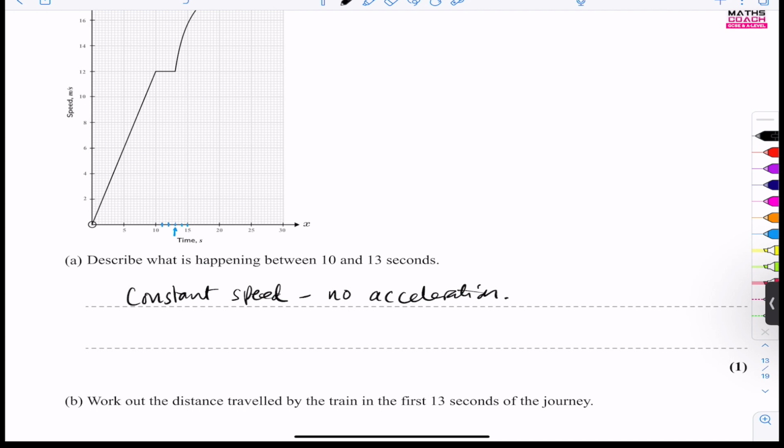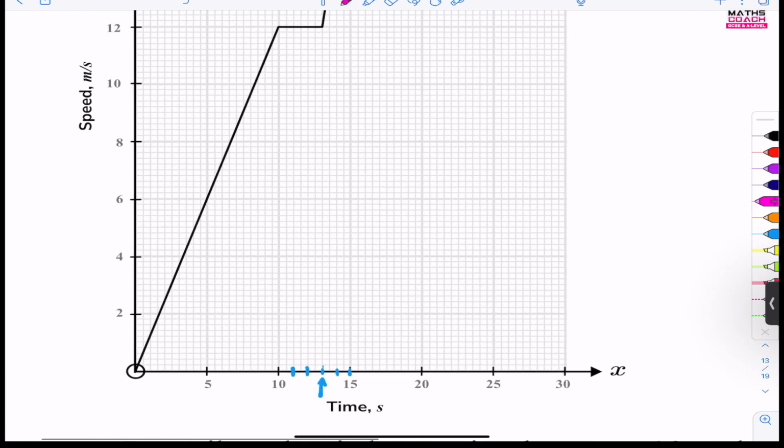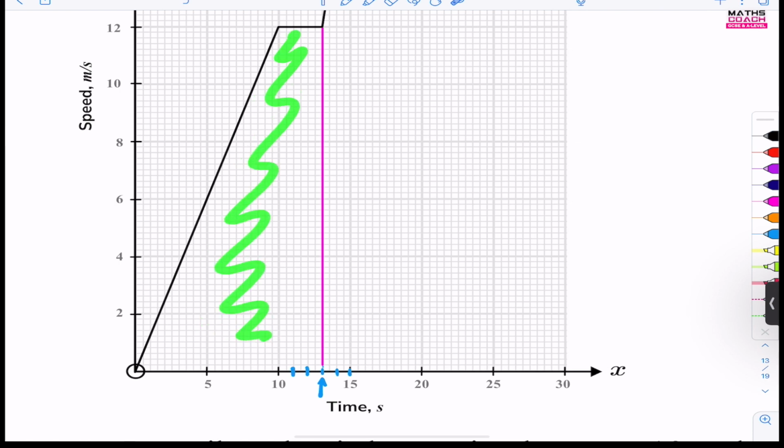Part B says work out the distance traveled by the train in the first 13 seconds of the journey. So distance is the area on a speed time graph. So the first 13 seconds, so if we now mark here with a ruler, we want to work out the area of all of this, which is a trapezium.